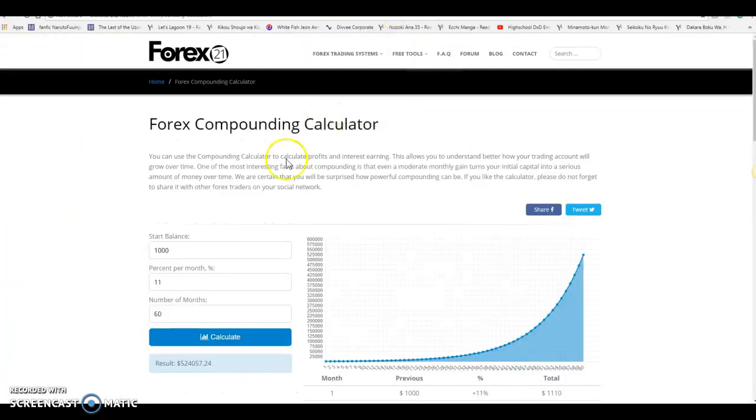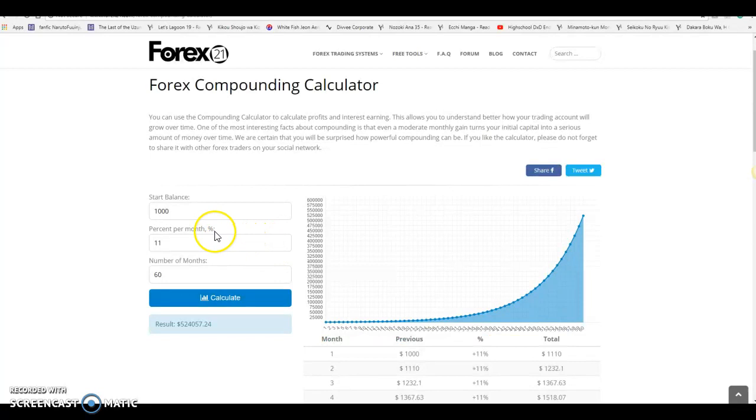Let's go to a compounder calculator. I'm going to change a couple of variables. So basically, this is a compounder. That was 37%, over 12 months, with a $1,000 start.